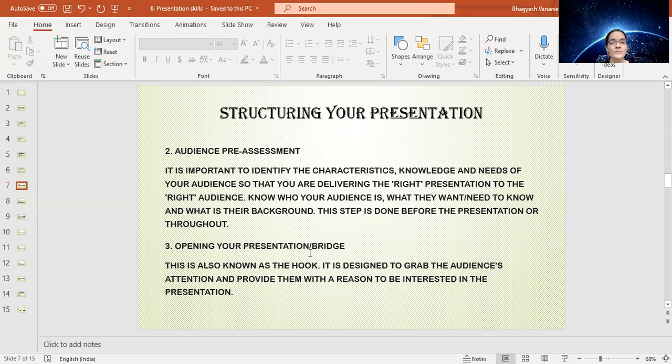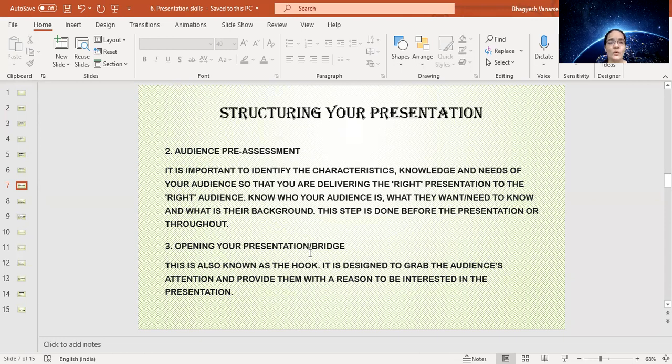Then comes our third important aspect of a presentation, that is opening your presentation, or the bridge. This is also said to be the hook. It is designed to grab the audience's attention and provide them with a reason to be interested in the presentation.